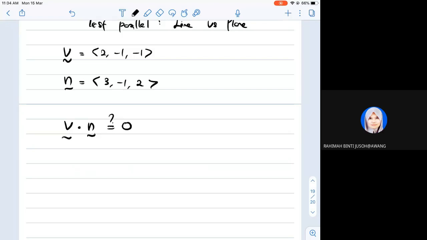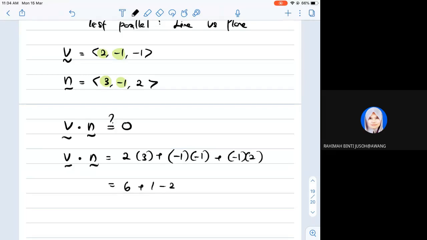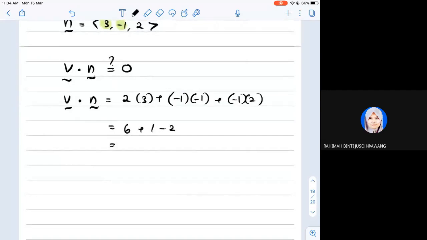Dia just nilai je. So we will have V dot N is equals to, you darab je, I dengan I. So we will have 2 times 3 plus -1 times -1 plus -1 times 2. So you will have 6 plus 1 minus 2. 5 minus 2 is 3.